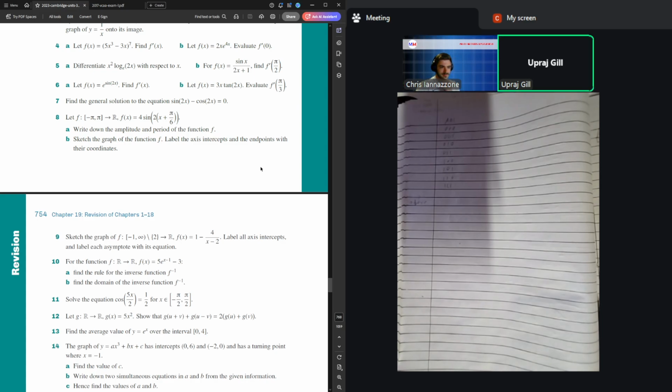Can we move on to the next one? Yeah, certainly. General solution of sine 2x minus cos 2x is equal to 0.